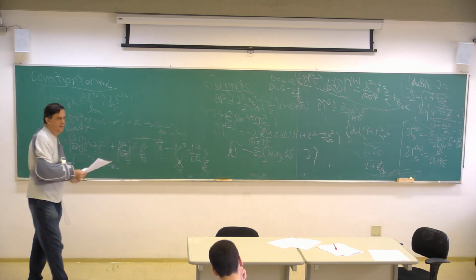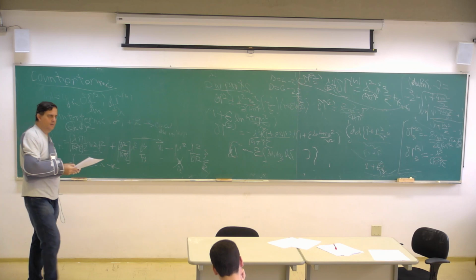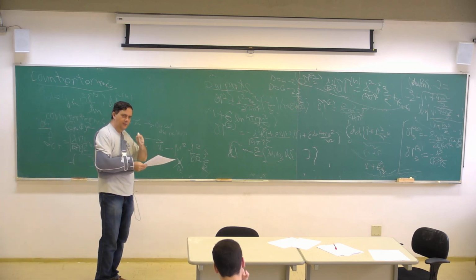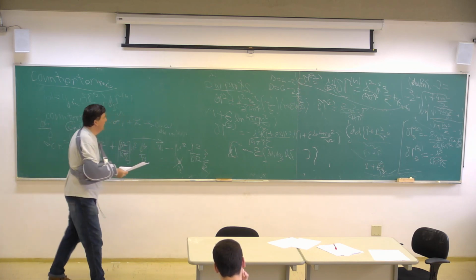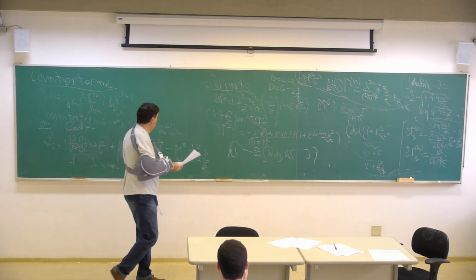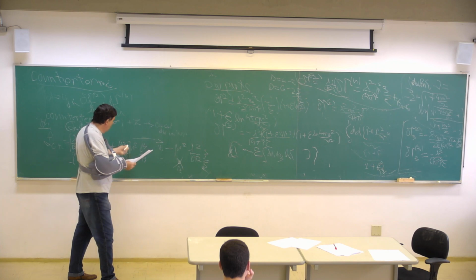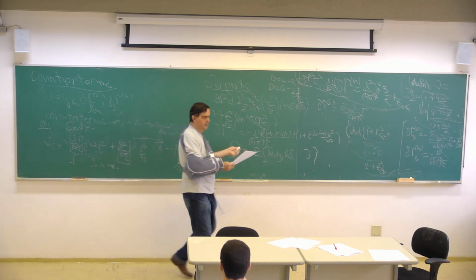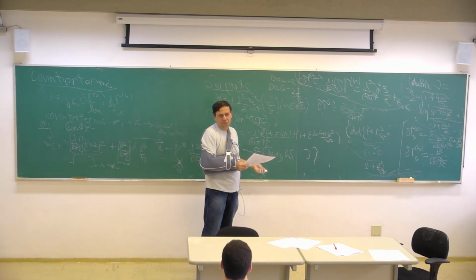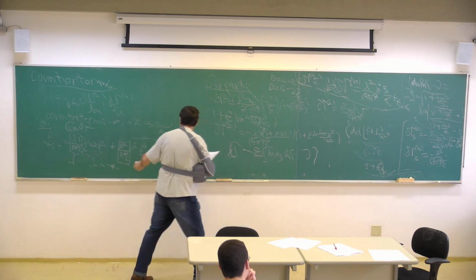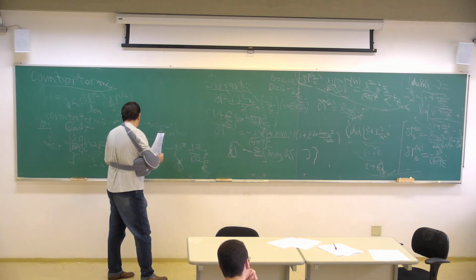The other observation is that what I've added here, the counter terms, were only the 1 over epsilon terms. In principle, nothing stopped me from adding something finite here as well.